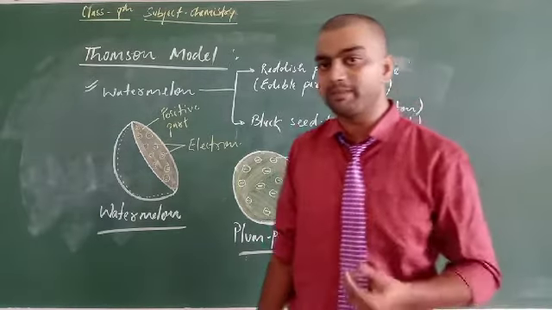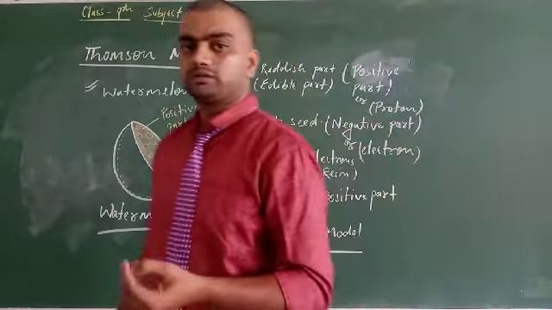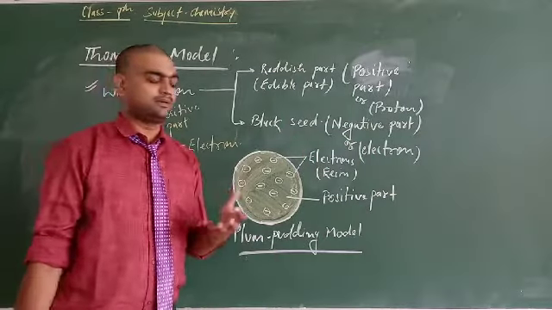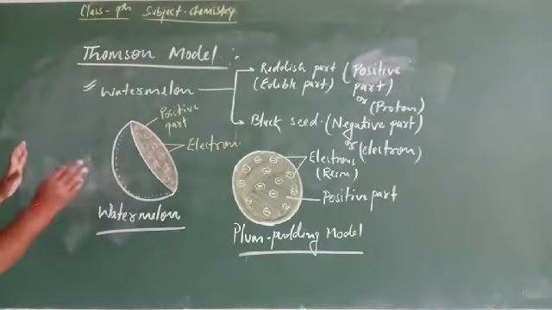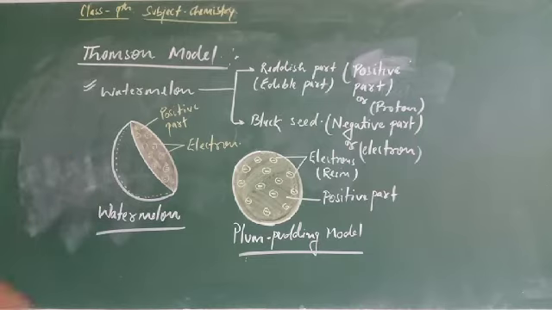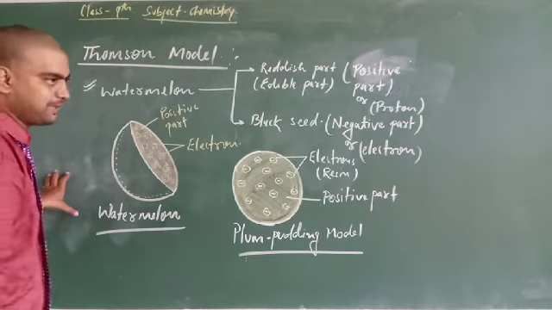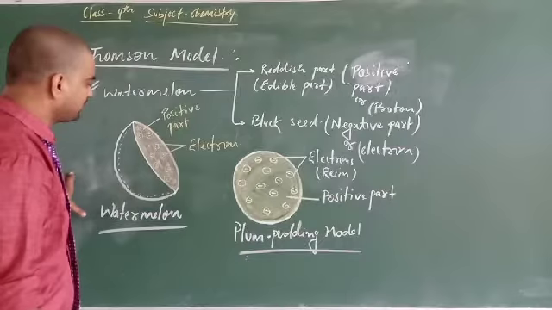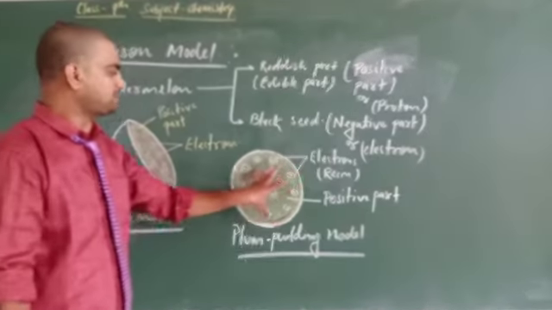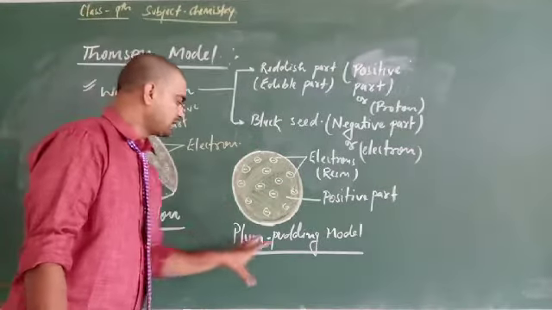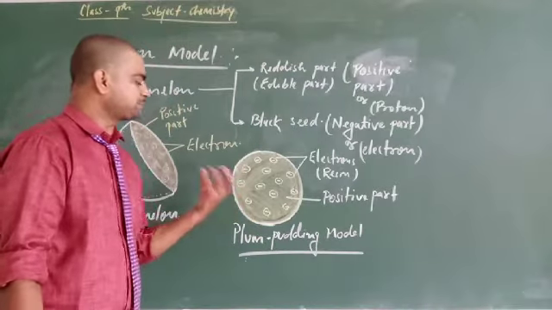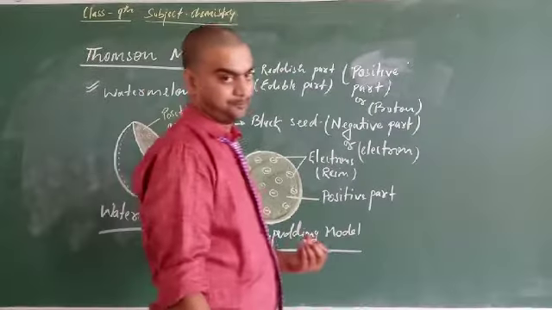Clear? So this was the demerit, that means the explanation which was not given by Thomson is considered a demerit of his model, and later Rutherford said that the positive part is not distributed all over the atom, it is present only in the center of the atom.